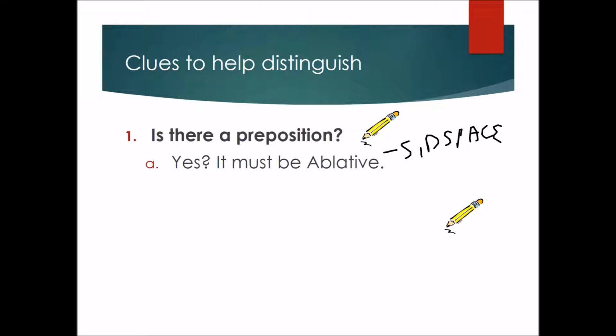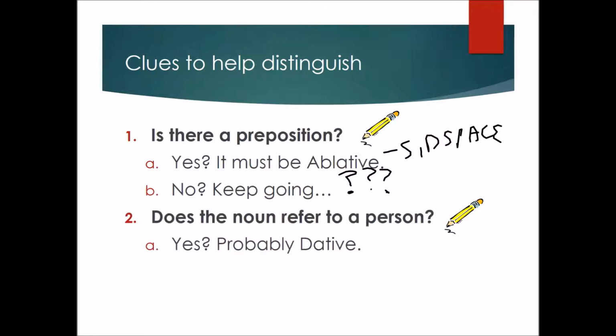Then if you identify a preposition, just translate that preposition and then the word accordingly. If there is not a preposition, however, we're still left in this in-between stage where we don't know if it's dative or ablative, so we need to go on to question number 2.